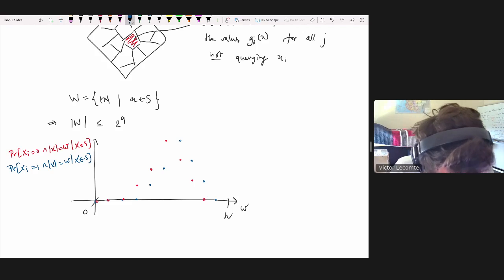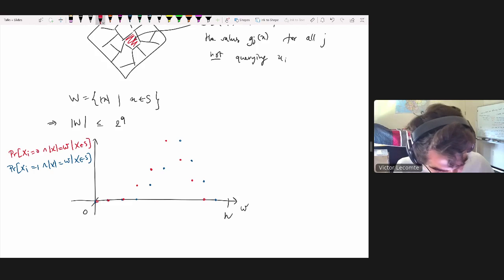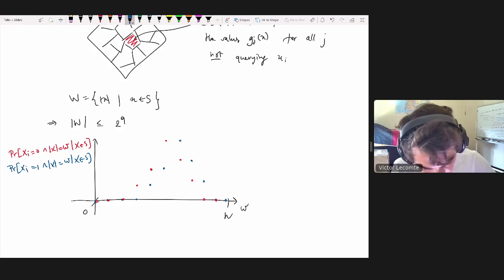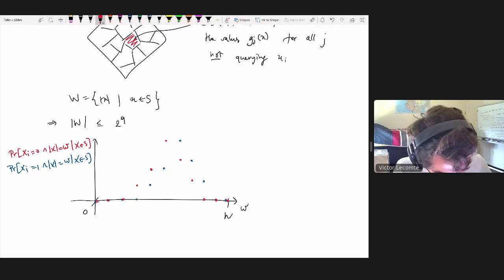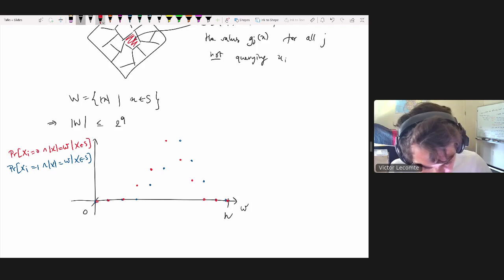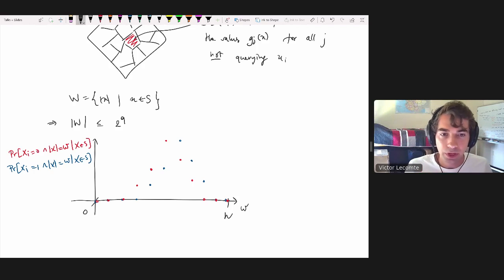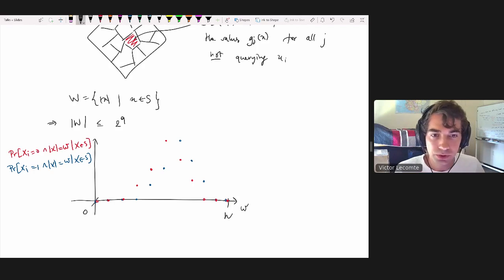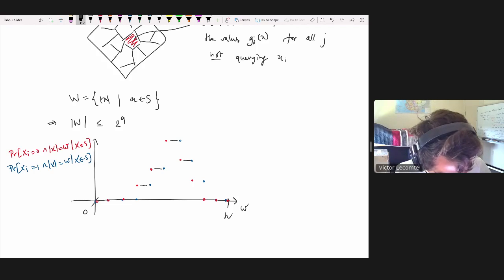So why am I drawing it in this way? You might notice that whenever I drew a red point and the blue point on the next value of W, they had the same height, and those lines are all horizontal.